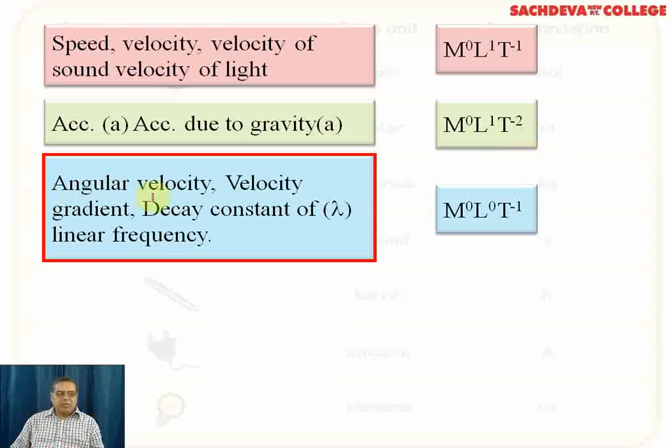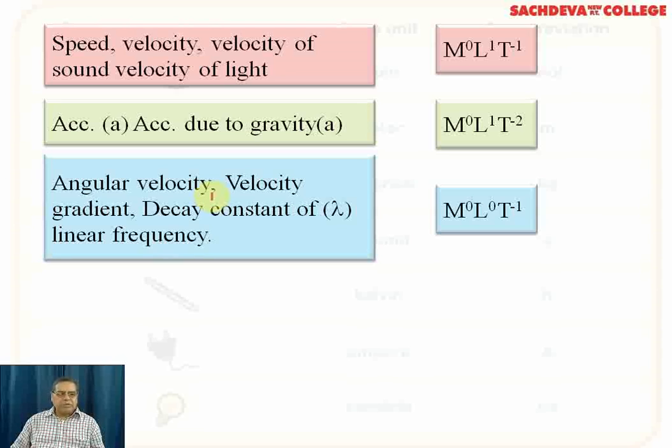Then comes angular velocity. The symbol for angular velocity is omega, and omega can be written as v over r. For v, the dimension is LT⁻¹, divided by r, that is radius, because angular velocity means the body is moving in circular motion.